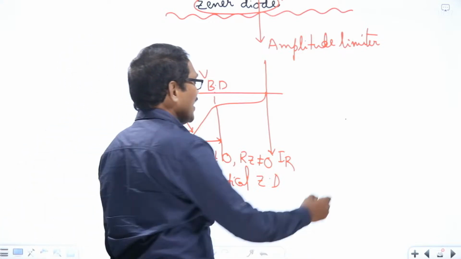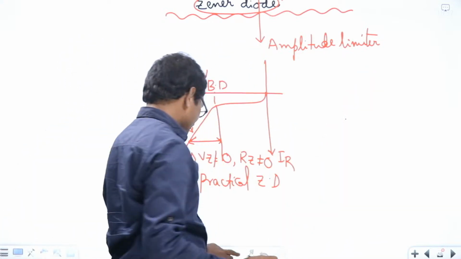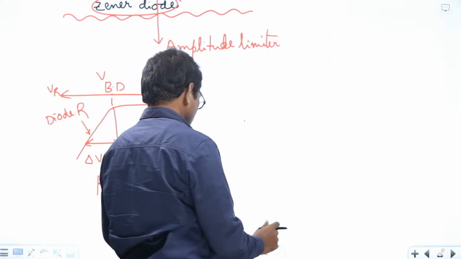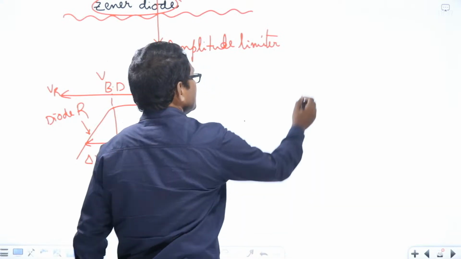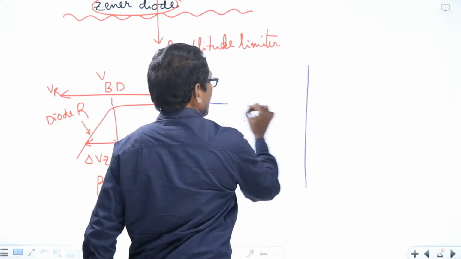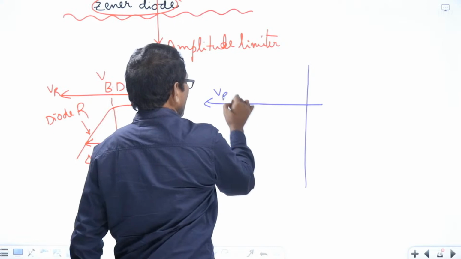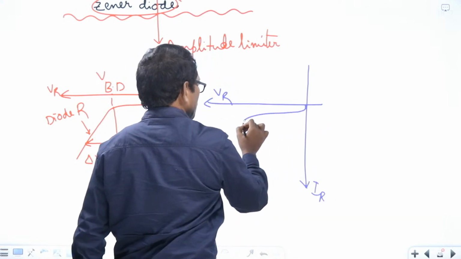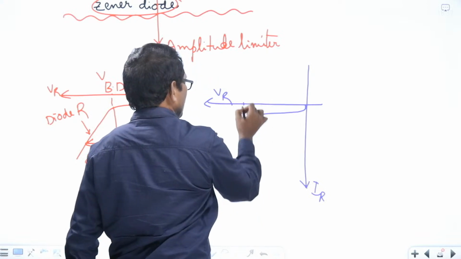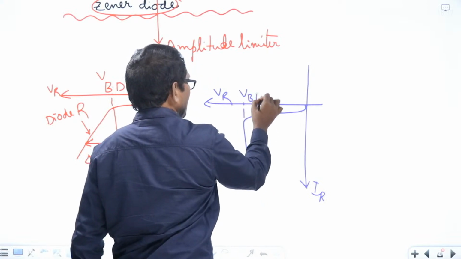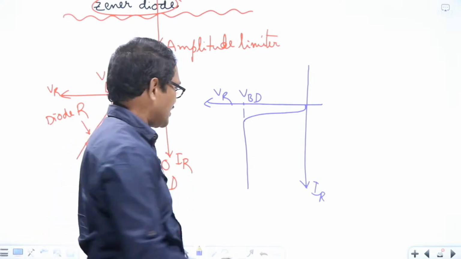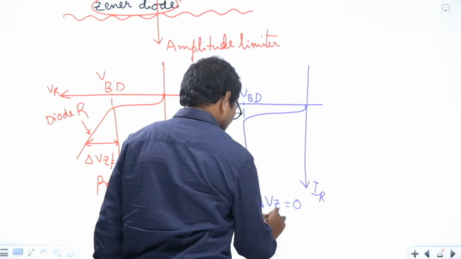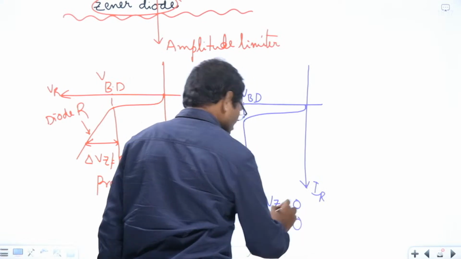On the other hand, these are the VI characteristics for an ideal Zener diode. This is VR and this is IR. Once it enters the breakdown region, the current through the Zener diode increases abruptly. In this case, the change in Zener voltage is 0, and the Zener dynamic resistance is assumed to be 0.